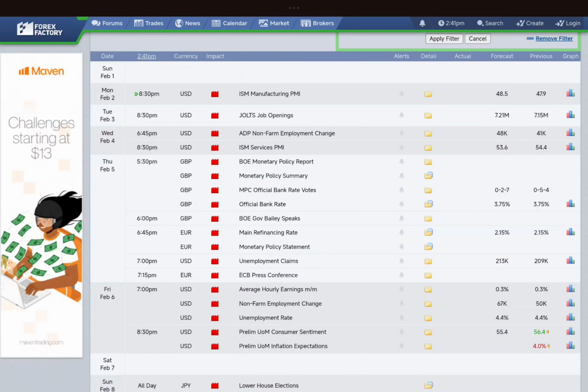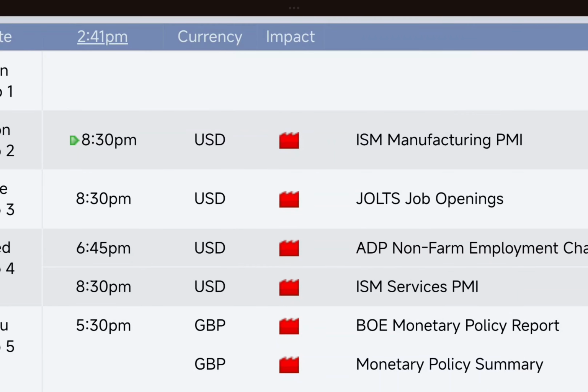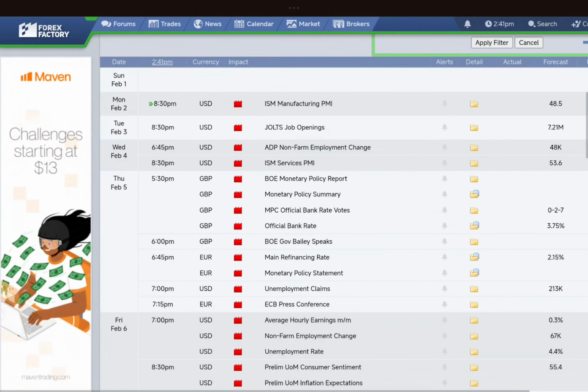As you can see, on Monday we have ISM Manufacturing PMI news on the USD. USD means the impact will be on XAU/USD and the forex pairs which include USD, for example USD/JPY, EUR/USD, and so on.